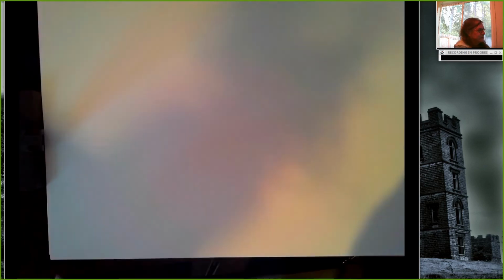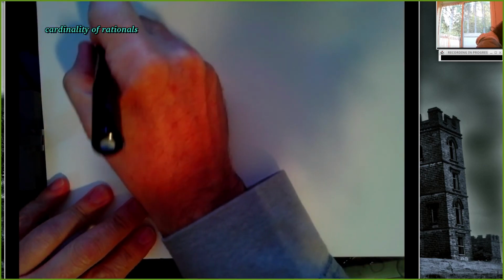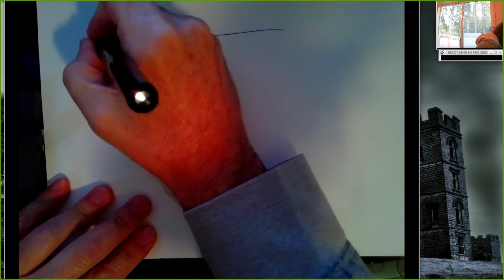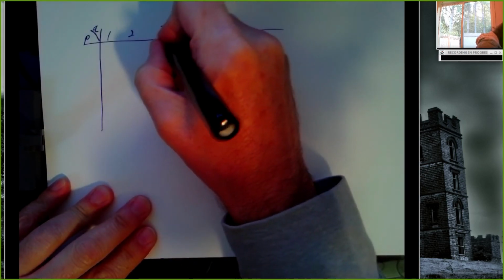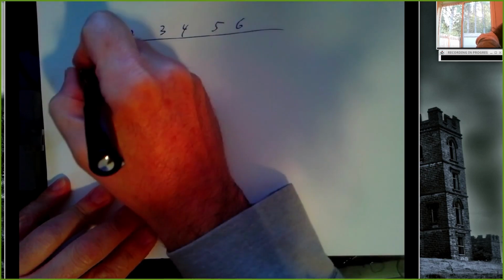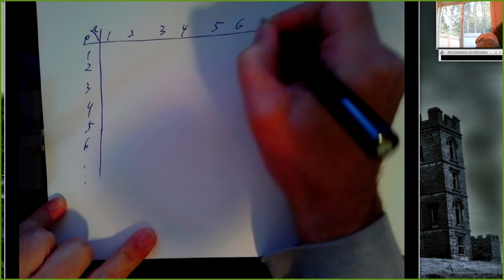For rationals, we never did this, but we got a couple of minutes left. For rationals, you can do the following. So, cardinality of rationals. Make yourself a table. Let's do P and Q, and we'll do 1, 2, 3, 4, 5, 6, and keep going.